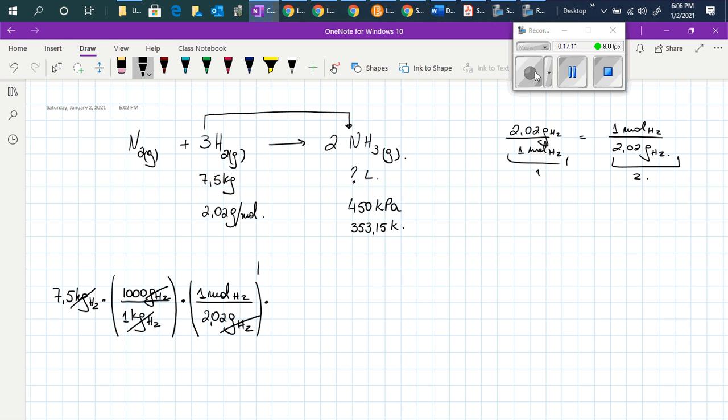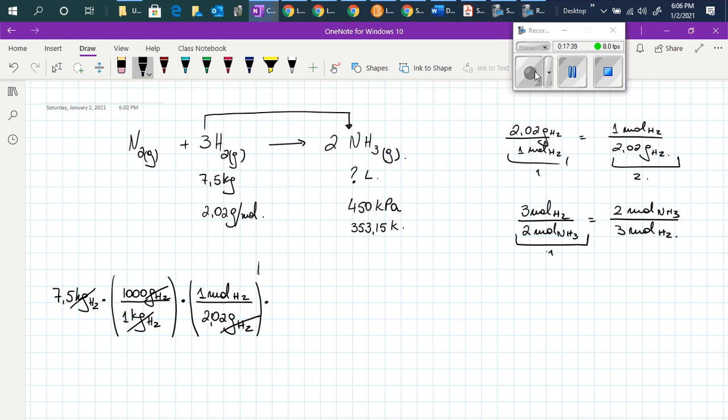In order to move to what it is asking us, we have to use the molar ratio. So we have 3 moles of hydrogen is needed to produce 2 moles of ammonia. Or when 2 moles of ammonia are produced, 3 moles of hydrogen are used.